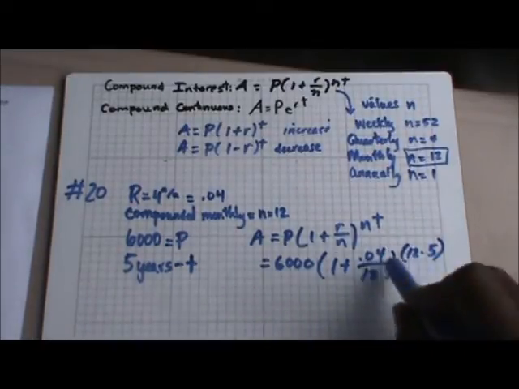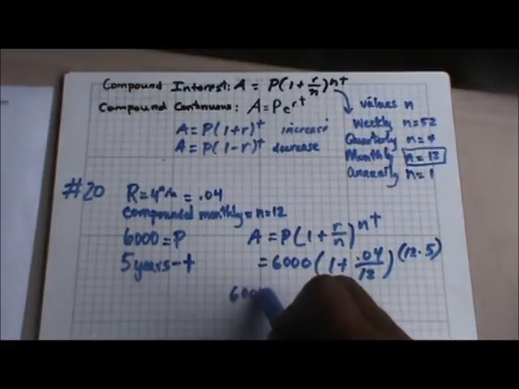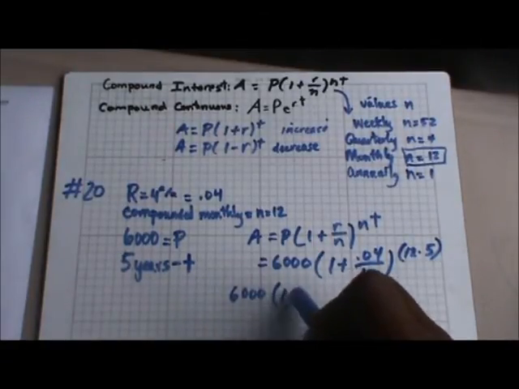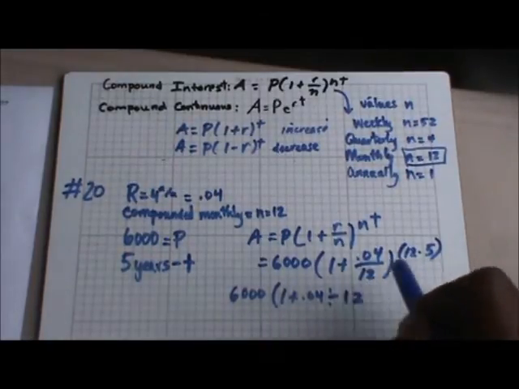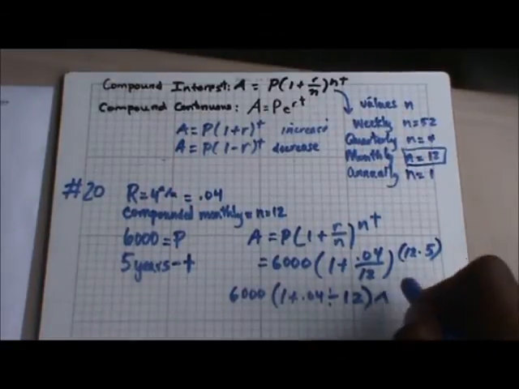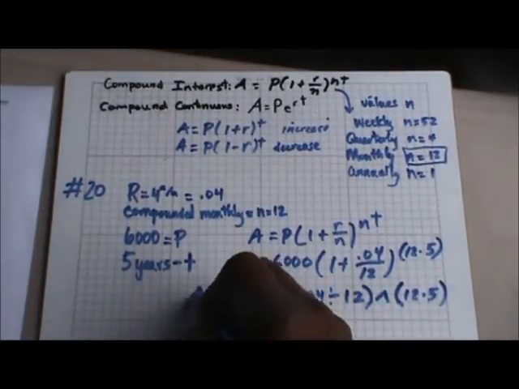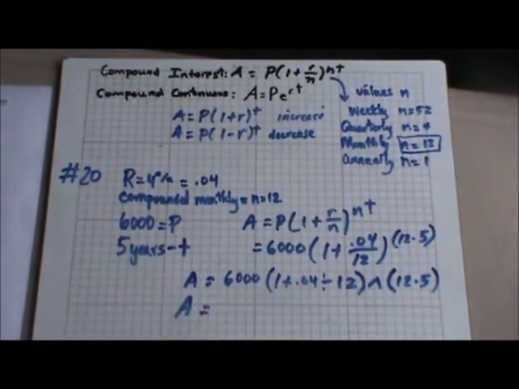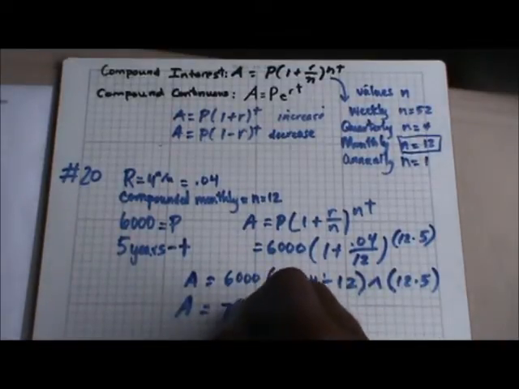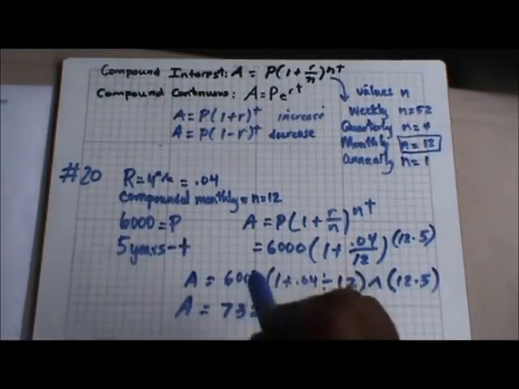You can enter it in the calculator like that, or you can just change 12 times 5 to 60. That's going to give you your answer. For number 20, A is equal to $7,325.98.